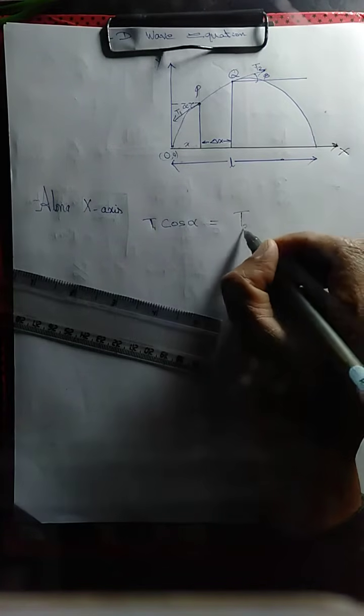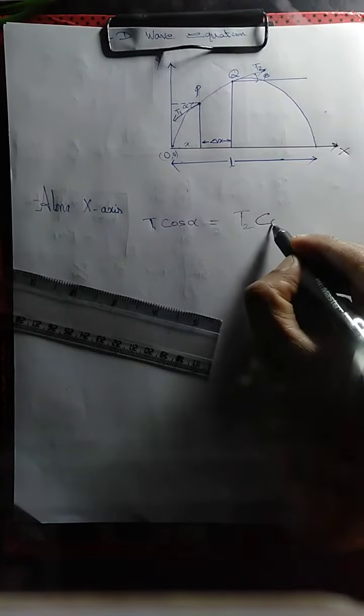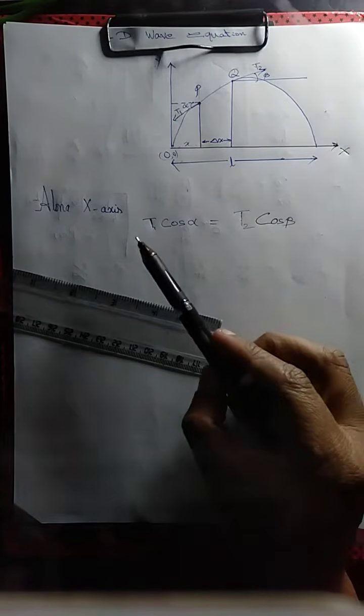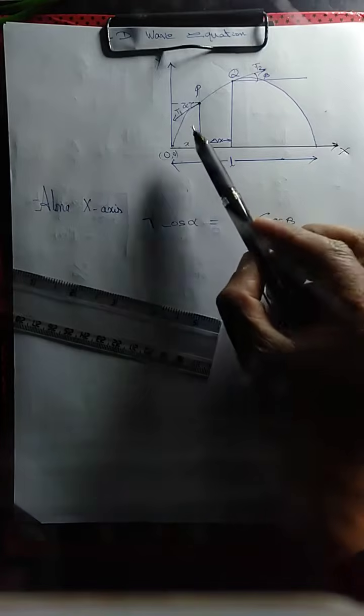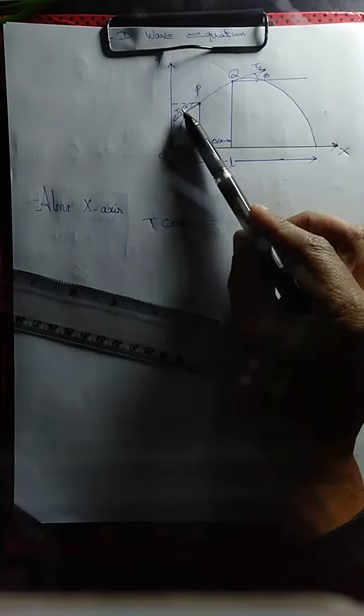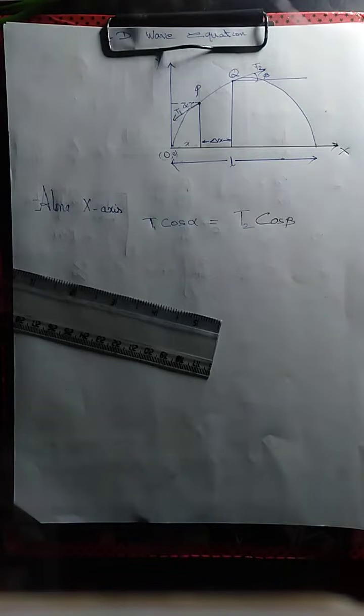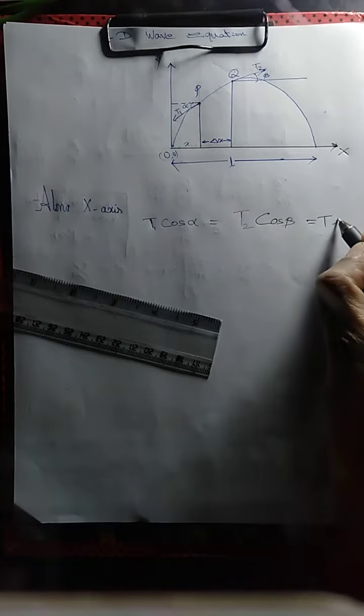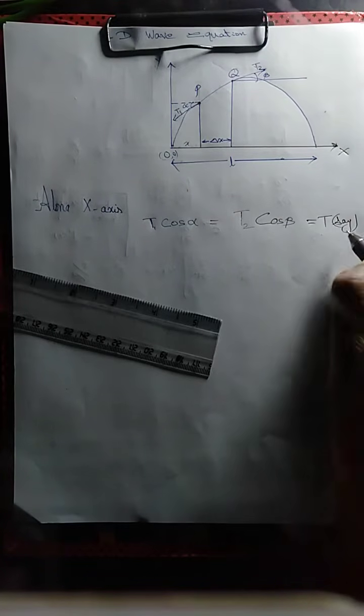We have T2 cos beta. Are these equal? Yes. T1 cos alpha, the horizontal component of T1, and T2 cos beta, the horizontal component of T2, must balance. You don't have any other forces along the x-axis. And it's equal to some value, let's say T.